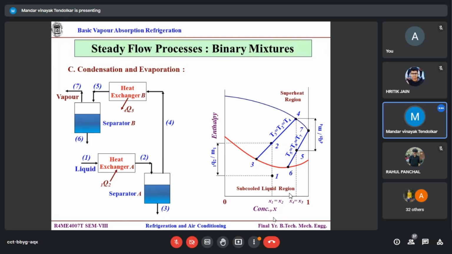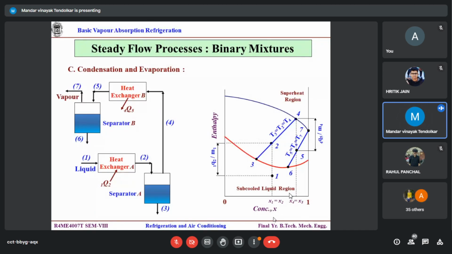Then there is some x7 value there, and I need a heat exchanger C. Then again, it is the saturated vapor, so you have to reject the heat. So maybe 7Q8. As you can see, for 4Q5 there will be another heat exchanger 7Q8. Only in the first one does heat absorption take place. All others are heat rejection parts.